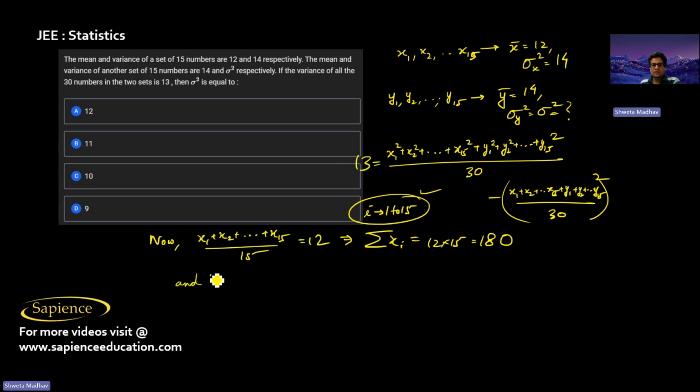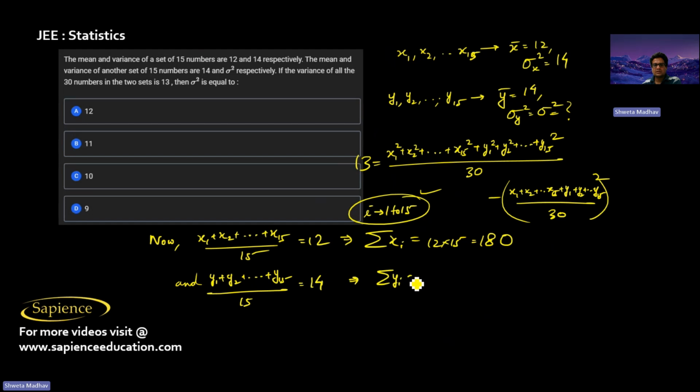And similarly, y1 plus y2 plus dot dot till y15 divided by 15 is equal to 14.